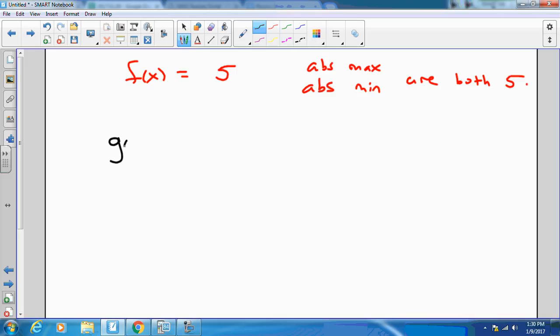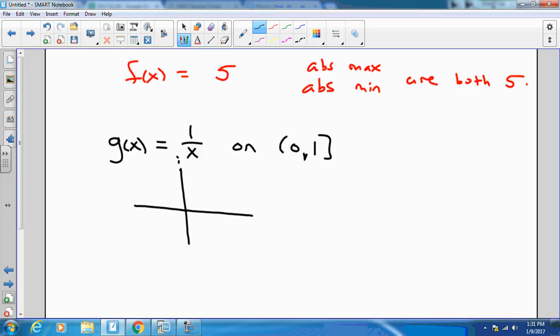So let's consider the function g of x equals 1 over x on the interval 0 to 1. How come I can't include 0? 1 over 0 is not a number, right?